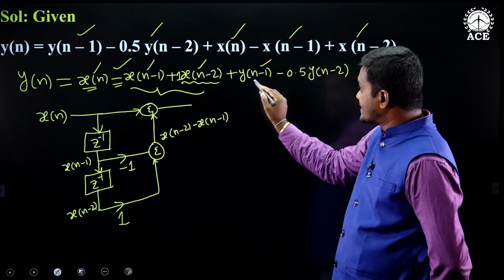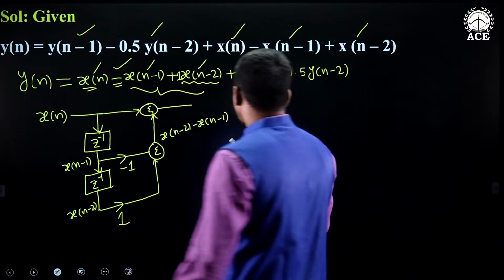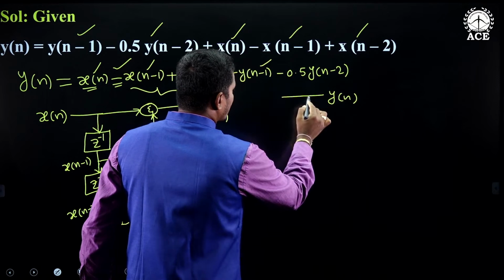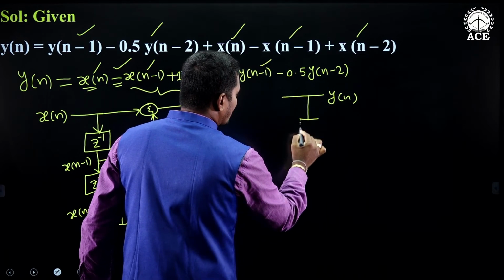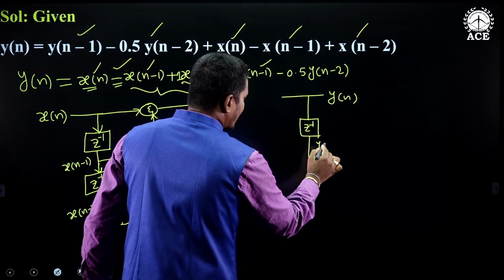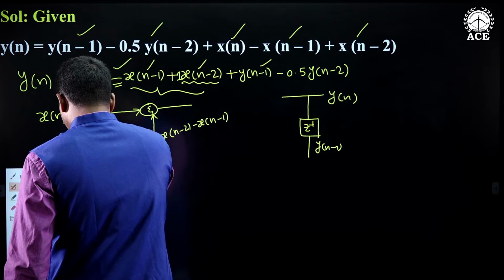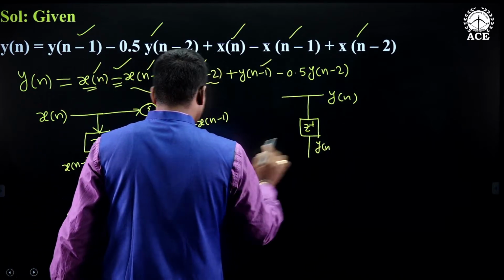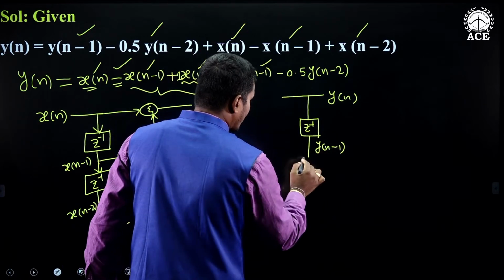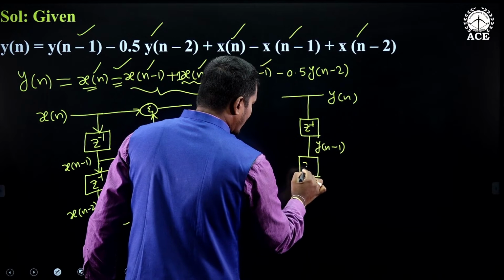Now, output side. See here, y of n minus 1 minus 0.5 y of n minus 2. See, y of n is readily available. Take one delay element. What is the output of this delay element? y of n minus 1 you will get. y of n minus 2 is also there, so take one more delay element.